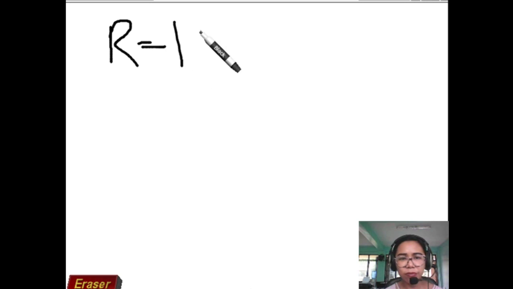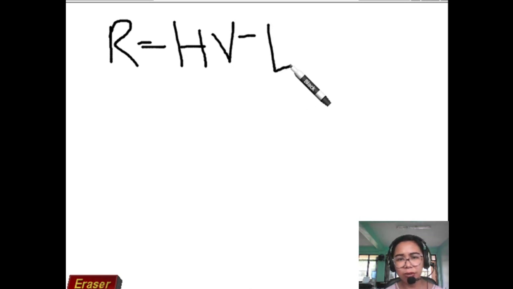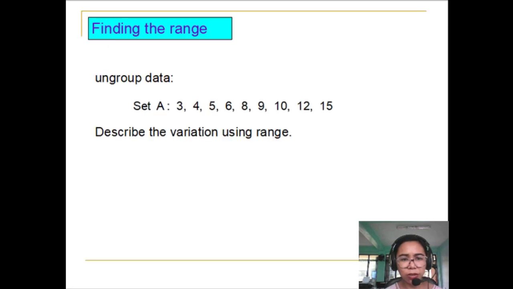Take note that your range is simply the highest value minus the lowest value. Let us go back to our data. Our highest value is 15 and the lowest is 3.